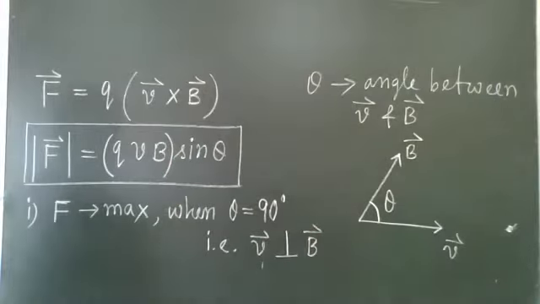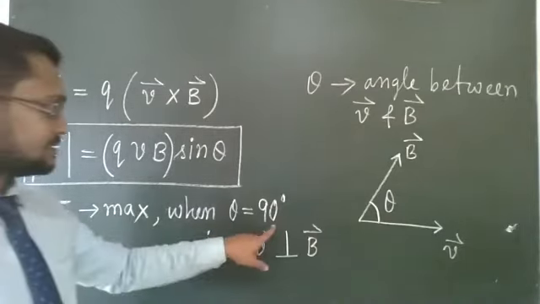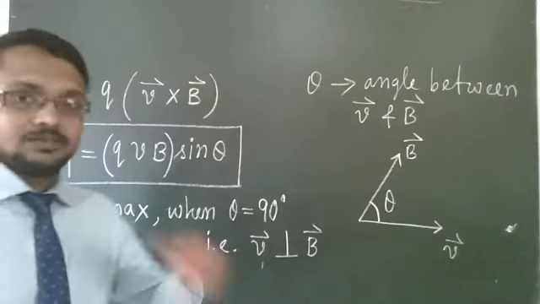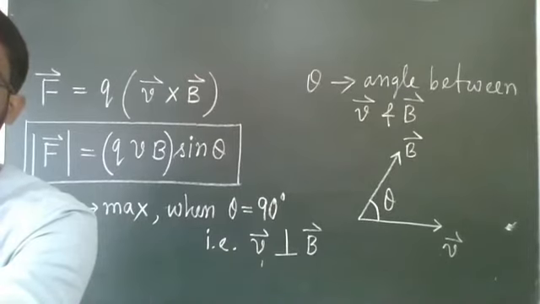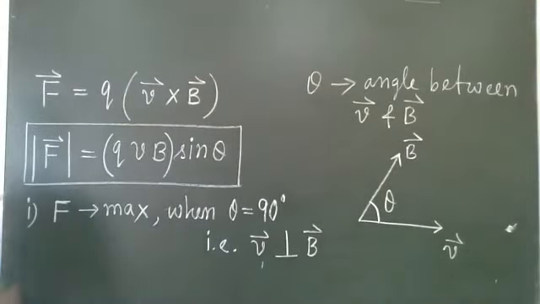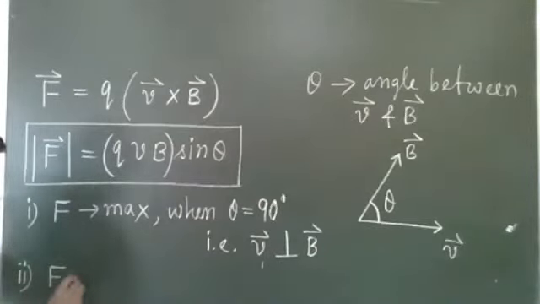Clear? Is it clear? First point. Force will be maximum when theta is 90 degrees, that is, when the velocity vector and the magnetic field vector are perpendicular.